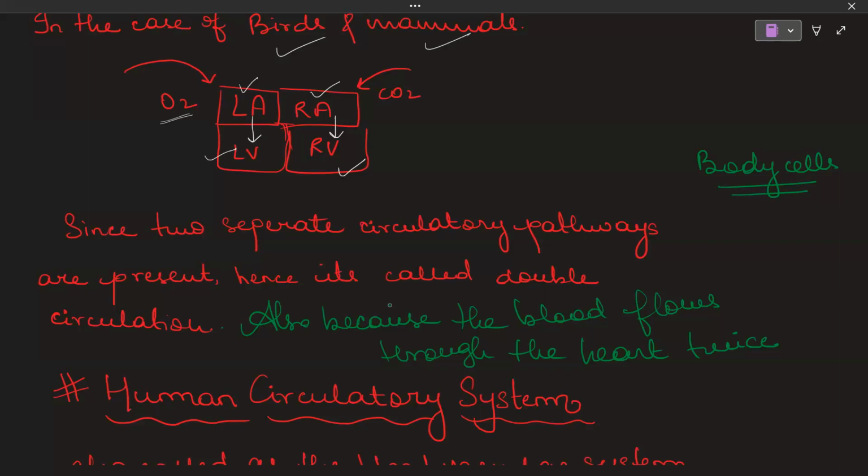Deoxygenated blood. Correct. The deoxygenated blood is collected from the body cells. Who collects it? Arteries? Veins. Which vein? The name of the vein, do you remember? Pulmonary? No. Do you people remember vena cava?